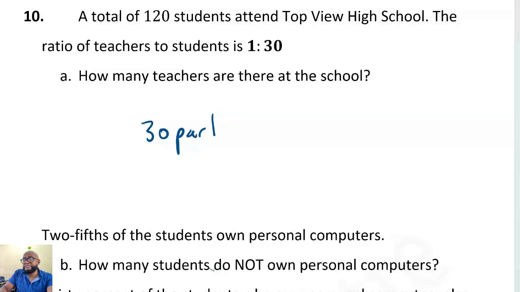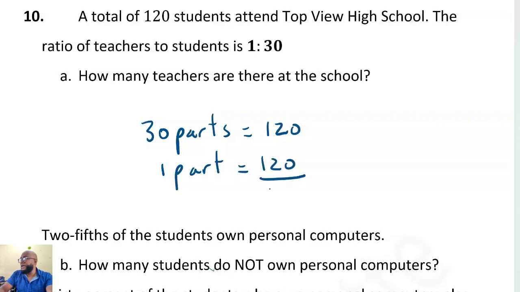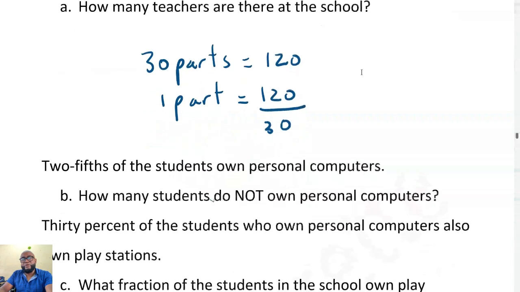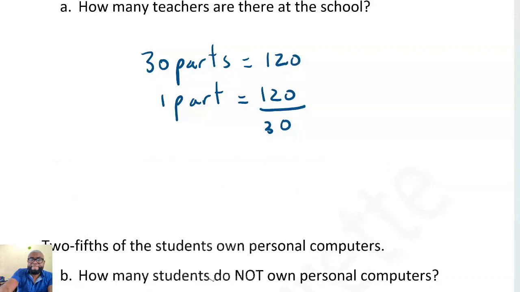30 parts would be equal to 120. So 1 part would be 120 divided by 30. So what's 1 part? 4. Yeah. 1 part would be equal to 4.